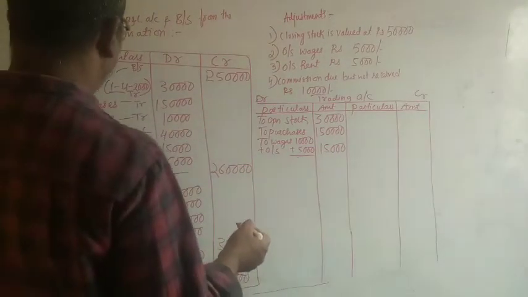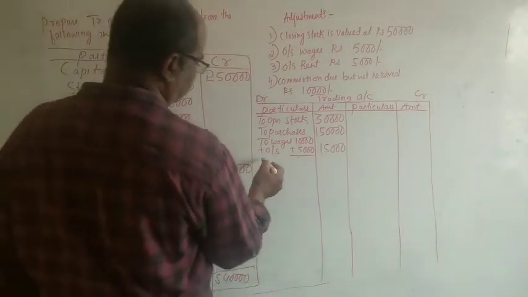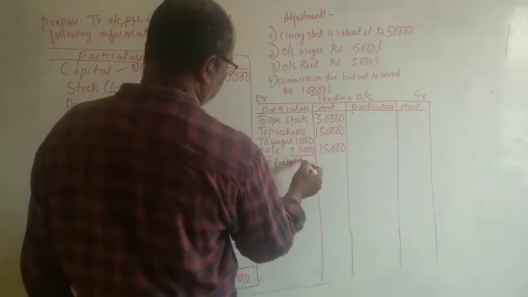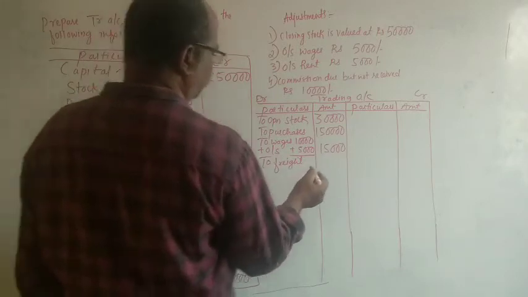Salaries will come in the P&L account. To freight 15,000.